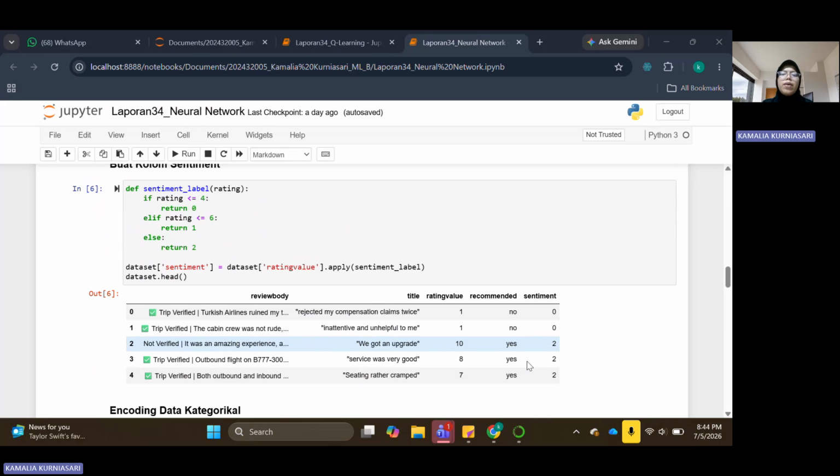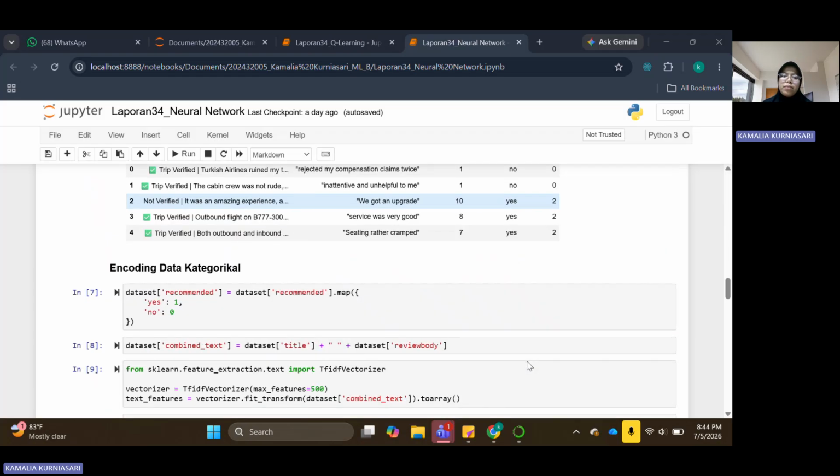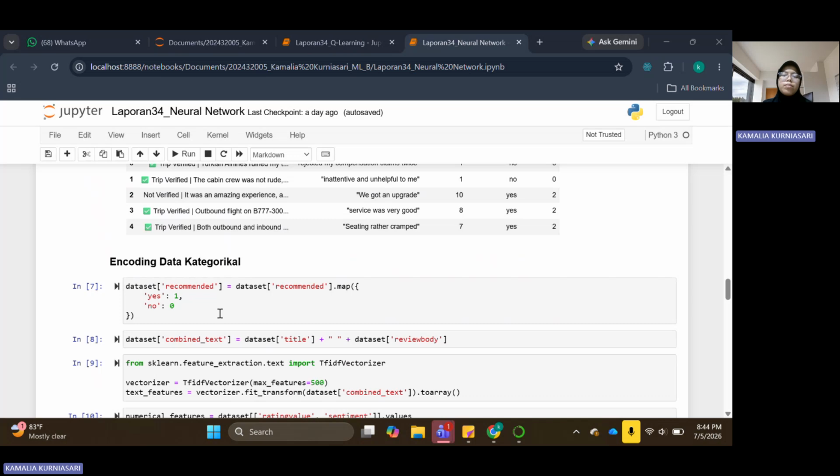Then, the target variable recommended was encoded into numerical values. The category no became 0, and the category yes became 1.